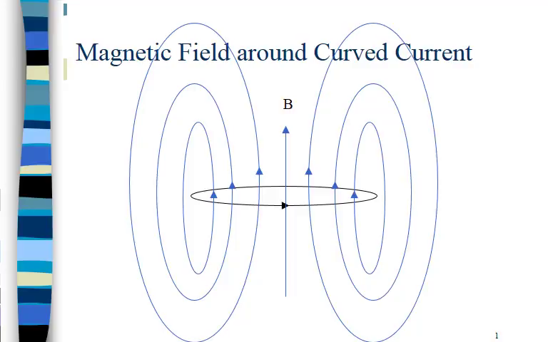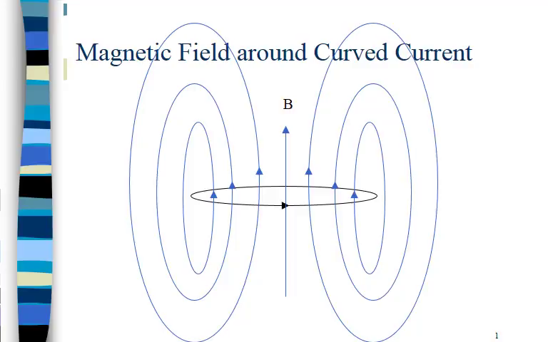If current's passing like that and you grab that wire with your right hand, and we do this in class, probably the best thing you could do is grab a roll of masking tape and hold it like you see on the screen. Feel free to pause the clip and grab one. This will definitely help you with the visual here.